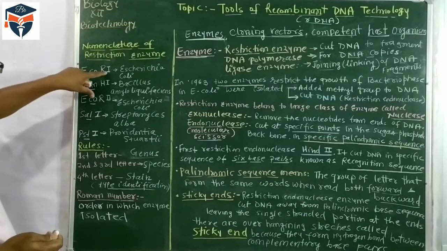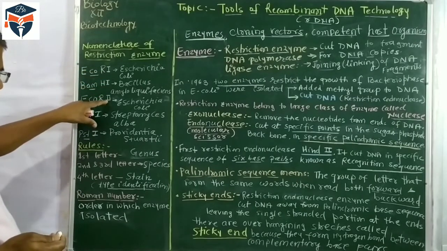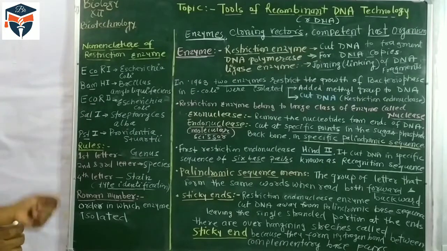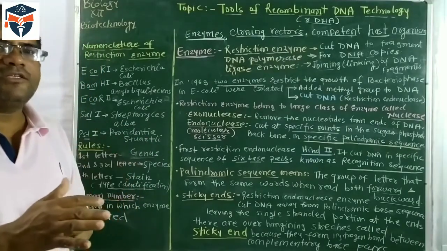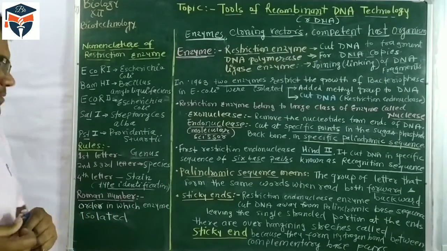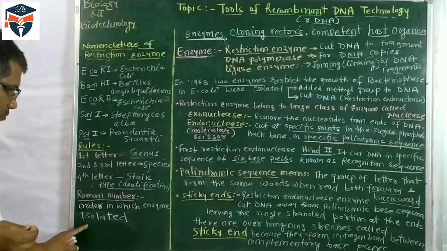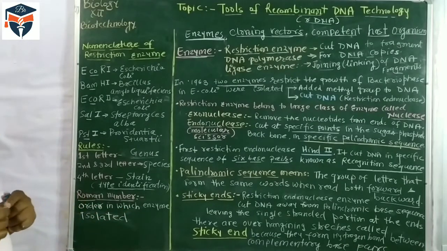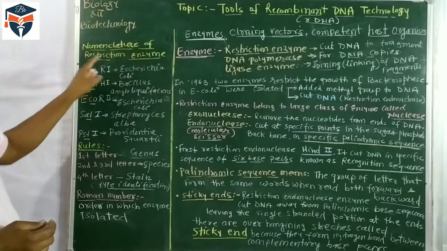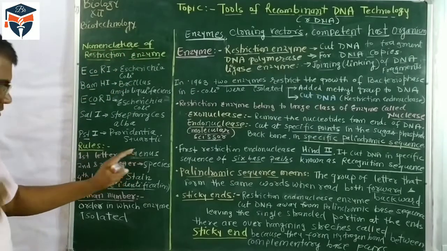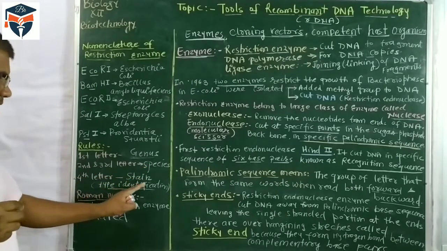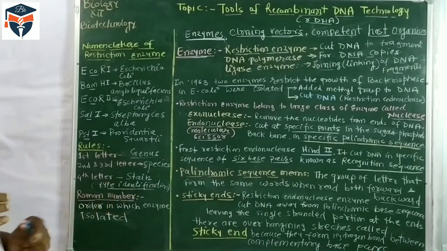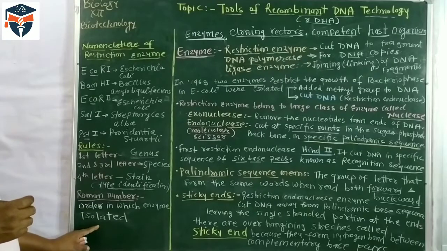And the Roman number, first edition, second edition, shows the order in which the enzyme was isolated. The enzyme which is isolated first is given I, and if isolated second, it is given II. So for the nomenclature of restriction enzymes: the first letter is the genus, the second and third letters indicate the species, the fourth letter indicates the type of strain, and the Roman number indicates the order in which the enzymes are isolated.